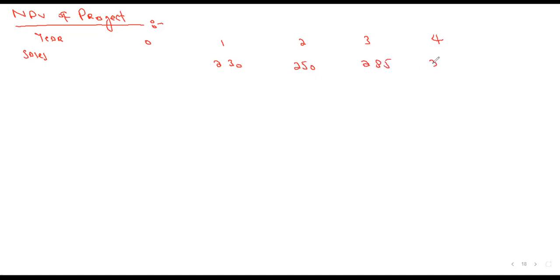What are the costs? 180, then 199, 224, 202.